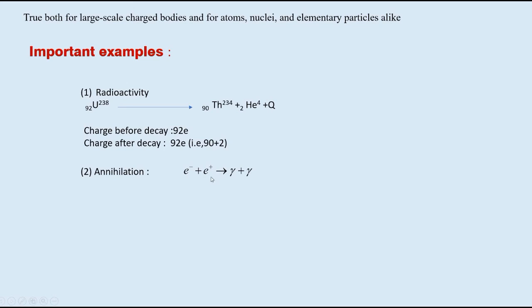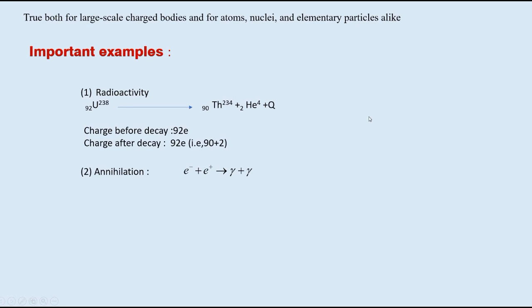But before that, you should know what is this positron. So positron is what is called the antiparticle of electron. Charge on the positron is same as charge on the electron, but positive. And mass is same for both electron and positron. So it is not enough that only charge is equal, but also the masses should be equal.